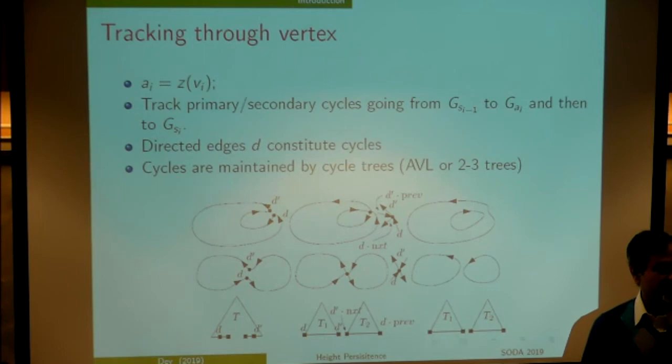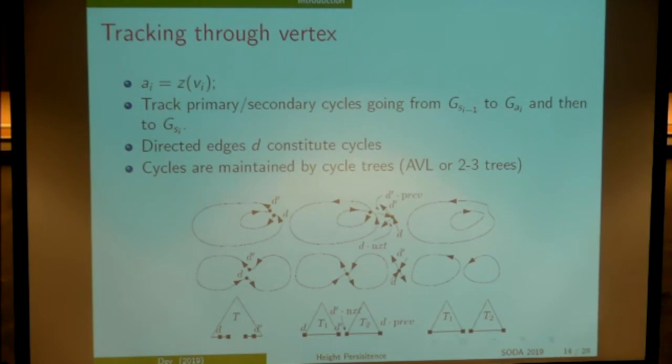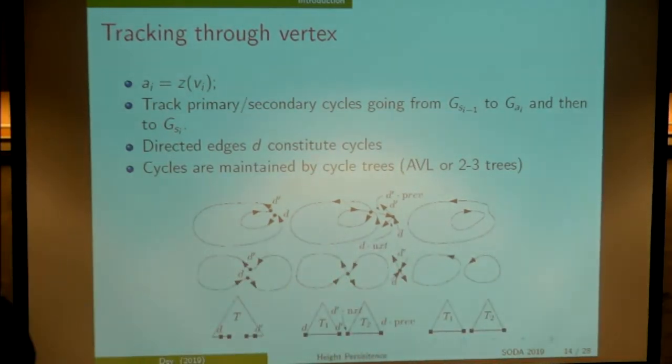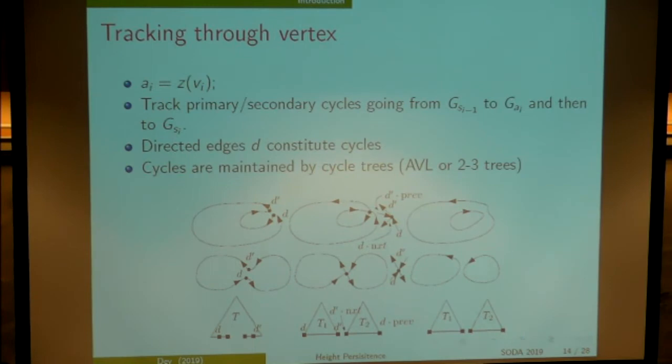Also, given an index, I can find which tree it belongs to, because you walk to the root and see which tree it belongs to, again in log n time. So the find operation is also important, because ultimately I need to know, given an edge and another edge, whether they belong to the same cycle or not. How do I know? By looking at the tree and walking up to the root in log n time.